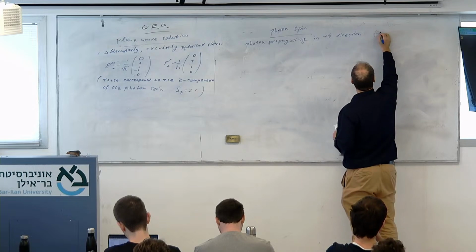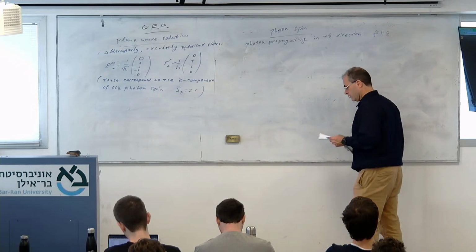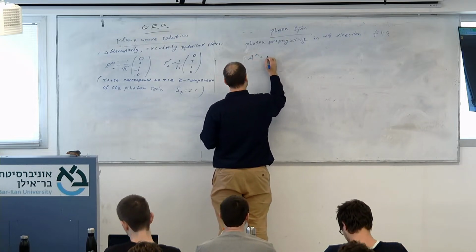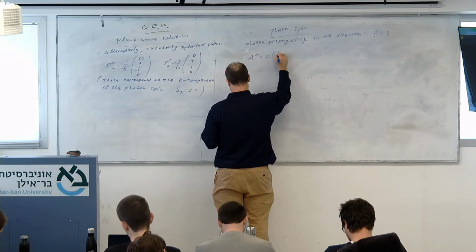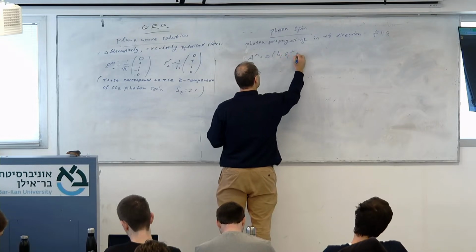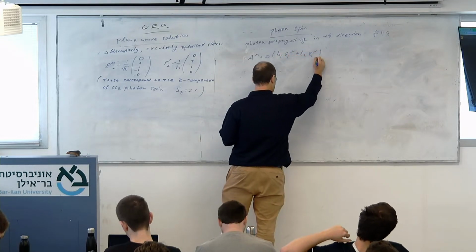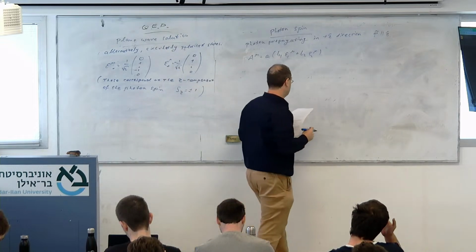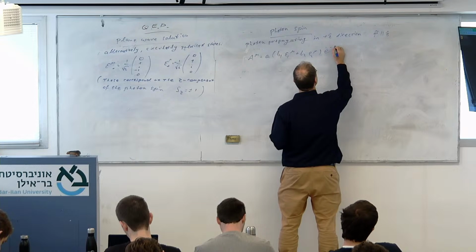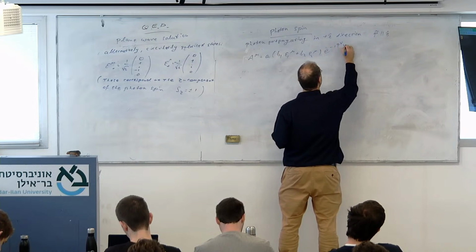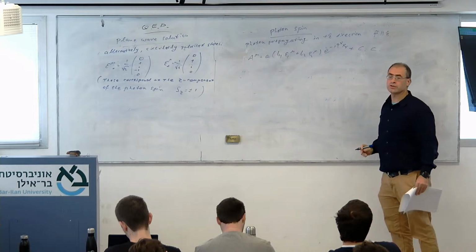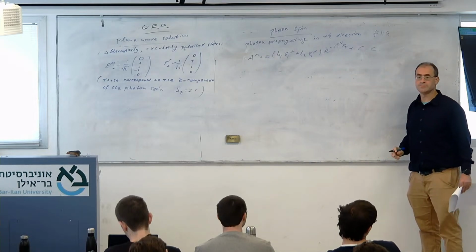So, P is perpendicular to z. But A mu is said A, B1 epsilon 1 mu plus B2 epsilon 2 mu. Epsilon 1 and epsilon 2 are written right here before I erase them. E to the minus i P mu x mu plus complex conjugate. Right, complex conjugate because the photon is a real entity.